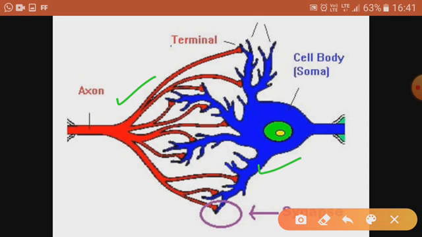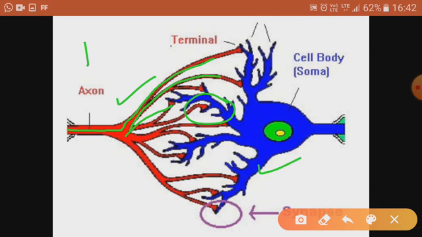The axon ends up into an axon terminal, and in this picture it has been shown that the axon terminal has a close association with the dendrite of the next neuron. This blue colored neuron is the next nearby neuron, and it has a close connection with the axon of the first neuron.